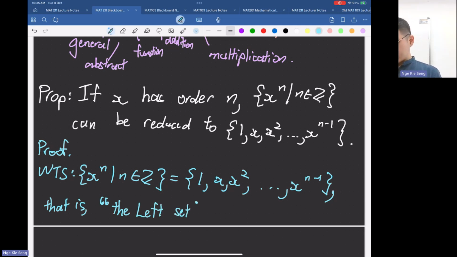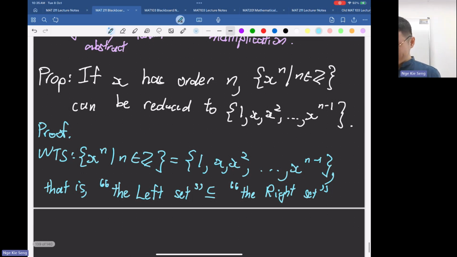I want to say that the left set is a subset of the right set, and then the right set is a subset of the left set. Please don't do this in your assignment; I just want to do shorthand notation here. Please write in full in your assignment. In the proper notes, I will write properly, but now I want to save time.